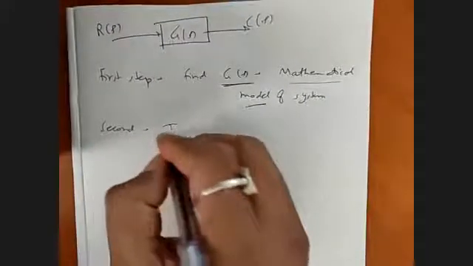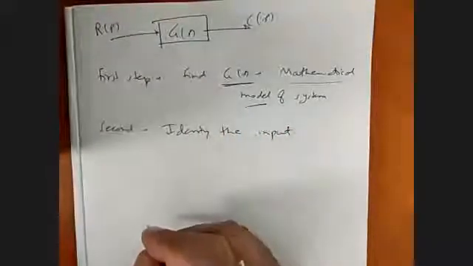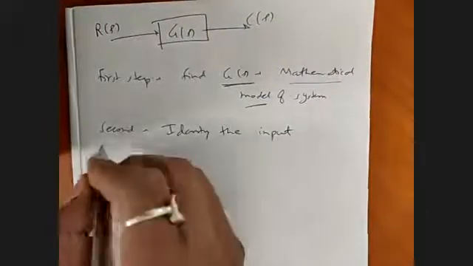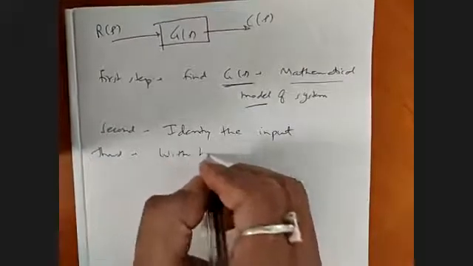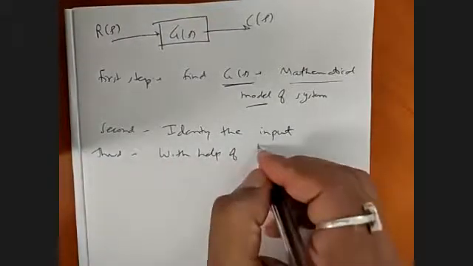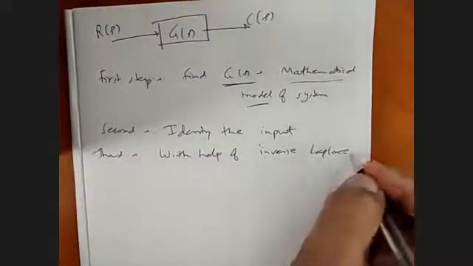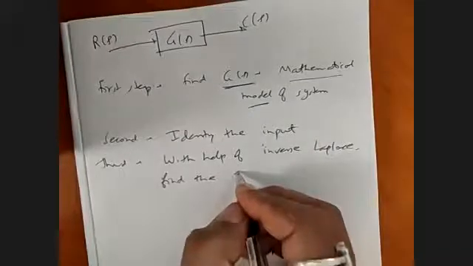Second is to identify the input, which input we are applying to the system. And then third, with the help of inverse Laplace, find the c(t).